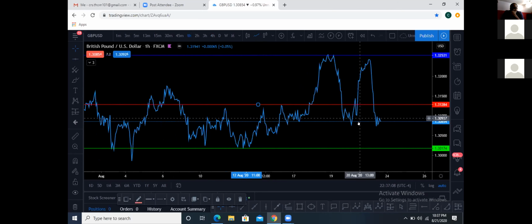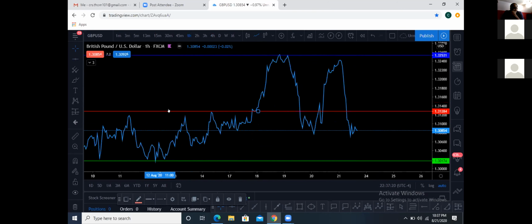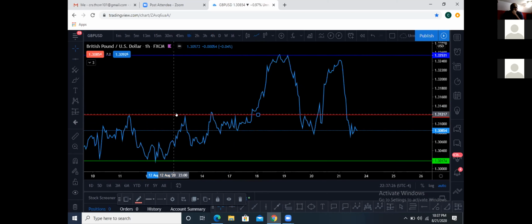And then, where you find a good amount of support or resistance, that's what you can mark up your chart with. With this being somewhat of a good resistance, I found that it's good to put it there.